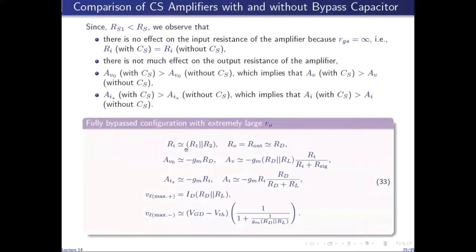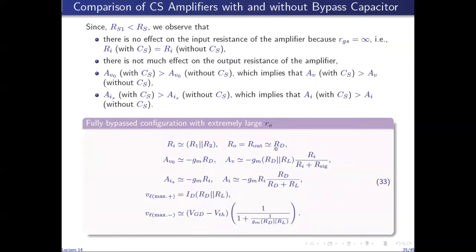As an example, I have written down the small signal parameters and the corresponding expressions for the maximum positive and maximum negative swings for a fully bypassed common source amplifier configuration, under the assumption that small r0 is much, much larger. So input resistance and output resistance are independent of RS, especially under this assumption.